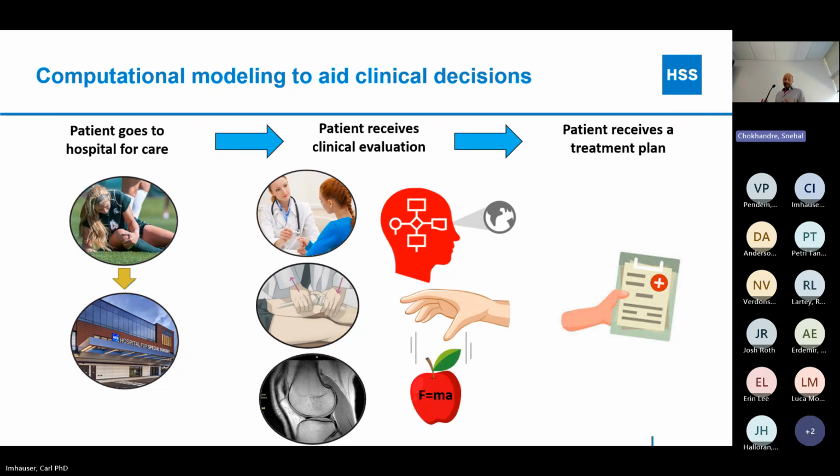And the bet we're all making is that some additional information about the physics associated with the behavior of that knee will improve that treatment plan. There are probably two things we can bet will stay consistent over the next decade.